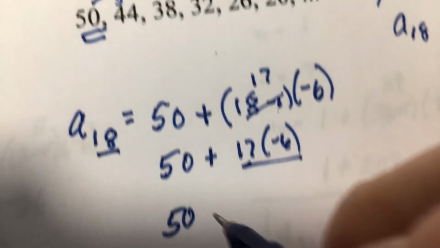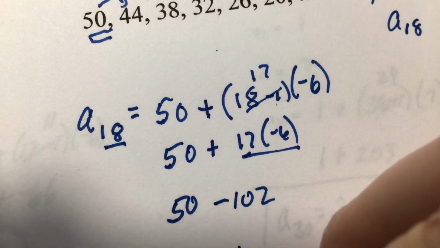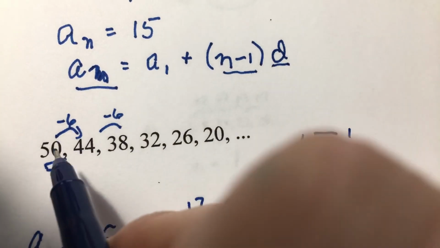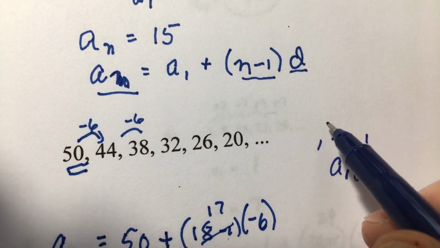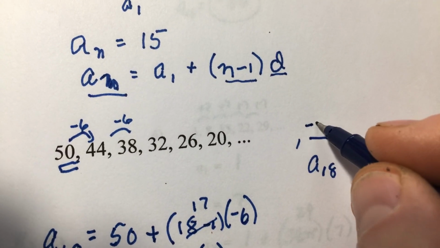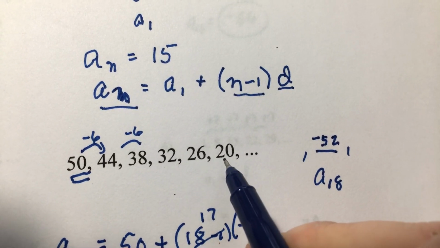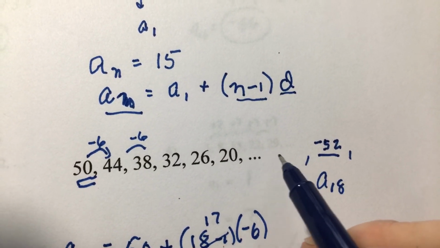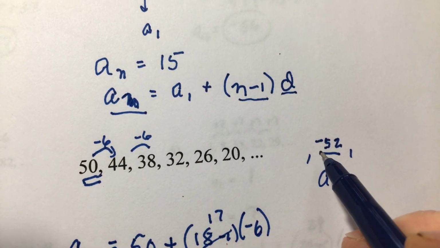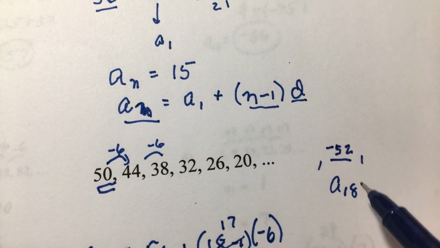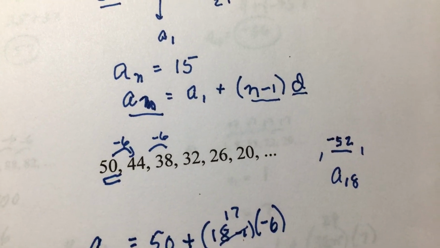Yep. Minus 102, so we get an answer of negative 52. Well, what's that mean? If we follow this list out long enough, we would see negative 52 as one of our numbers. Now notice how it's getting smaller, so eventually we will turn negative. And exactly where would we see that negative 52? It'd be the 18th number in line.